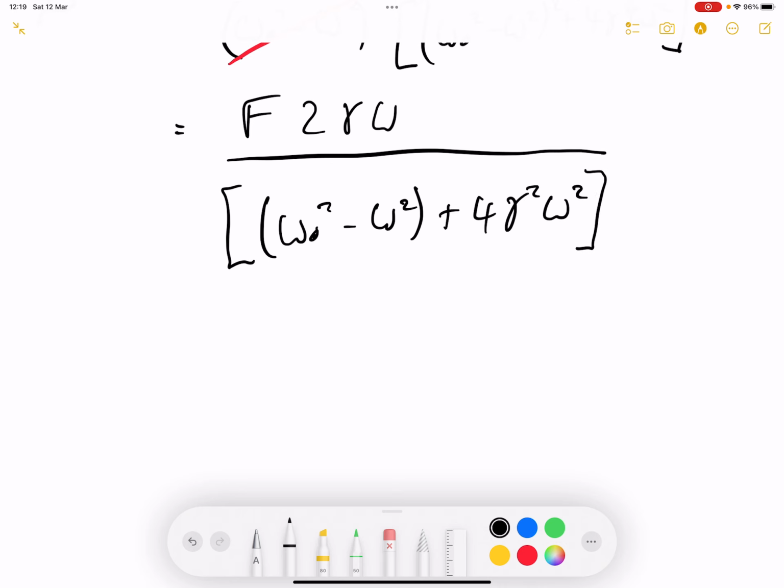So my general solution is going to be very long. It's going to be very, very long. Okay?